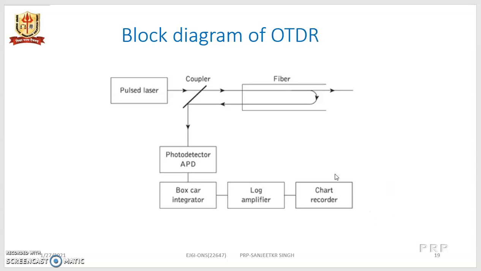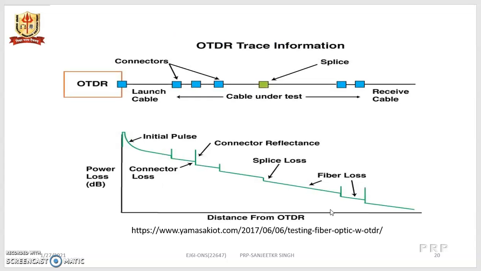So this is the chart recorder. This gives location dependent attenuation values which give an overall picture of the optical loss down the link. So here is the chart recorder plot, how it is plotted, and this is the OTDR device.